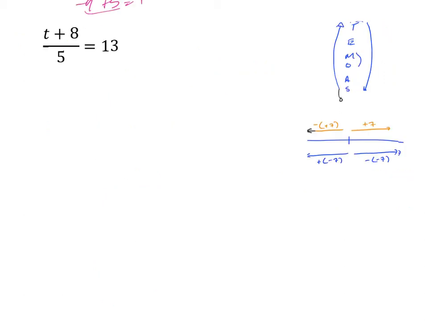Okay, so now when we look at this, one of the things we talked about, if I were to check this and just guess a number, let's say I guess 3. Okay, so I'd have t plus 8 over 5. If I put 3 in there, I have 3 plus 8 over 5.